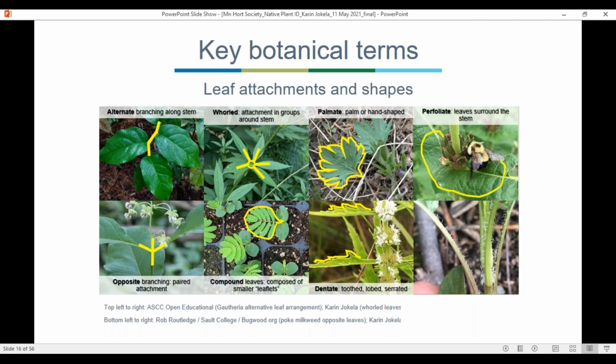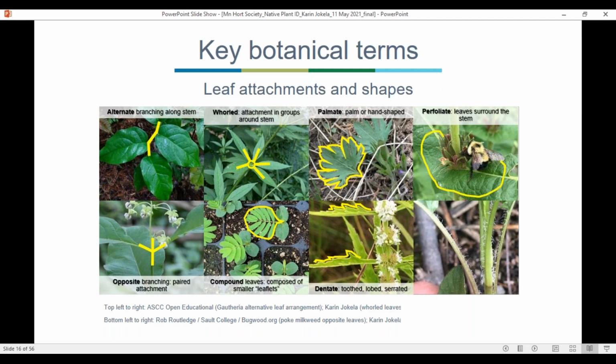Here's another interesting one that can give you a little clue about certain species. Perfoliate. Perfoliate means when the leaves surround the stem and make it almost look like one full leaf. So this is a Triosteum perfoliatum, which is horse gentian, I think is the common name. And so a native plant around here.